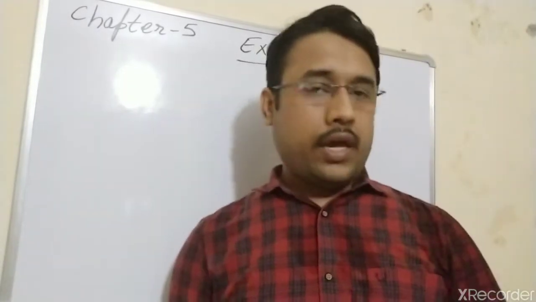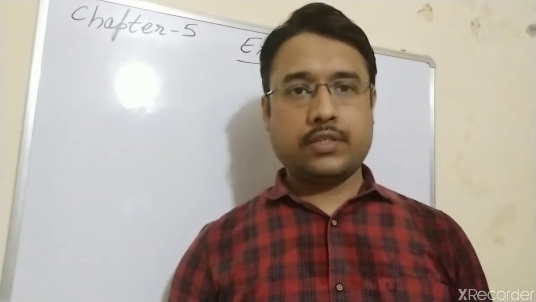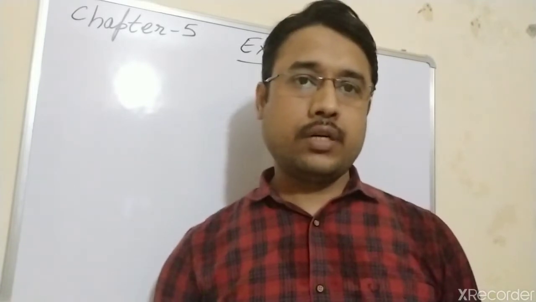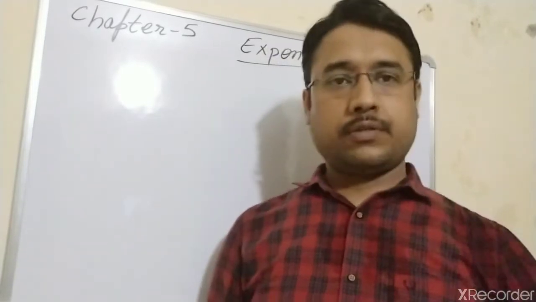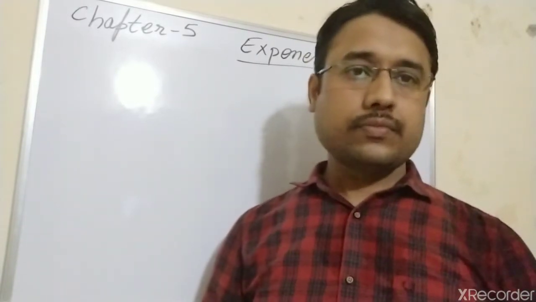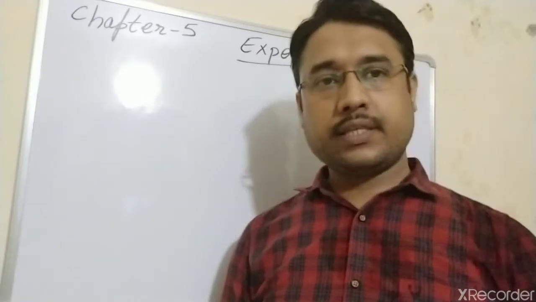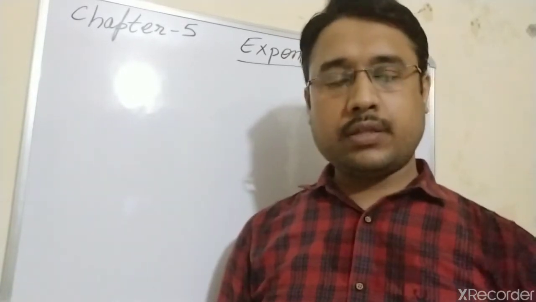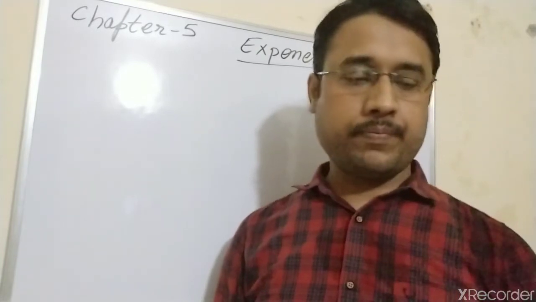And it is the first video for this week where I will explain chapter 5, exponents. First we will understand the concept of base and exponent, and together they form the exponential form of a number.